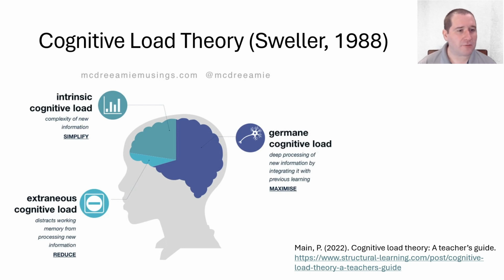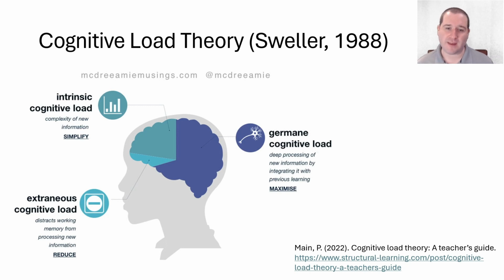And he talks about 3 different kinds of loads when learning new information. How complex is the new information? Just wrapping your head around these new ideas. That's the intrinsic cognitive load. It comes from the information itself. The germane cognitive load, that's the connecting process, where we're taking this new idea and we're integrating it with previous knowledge.